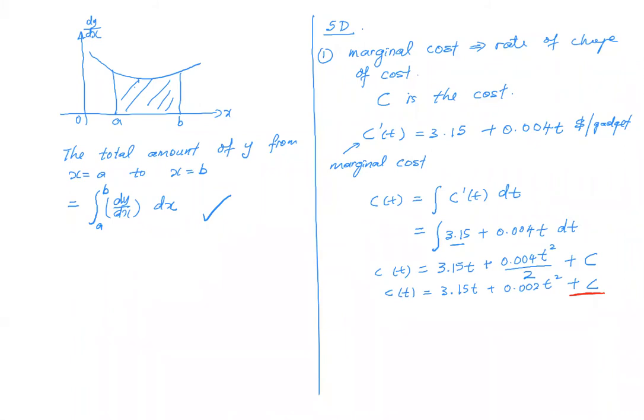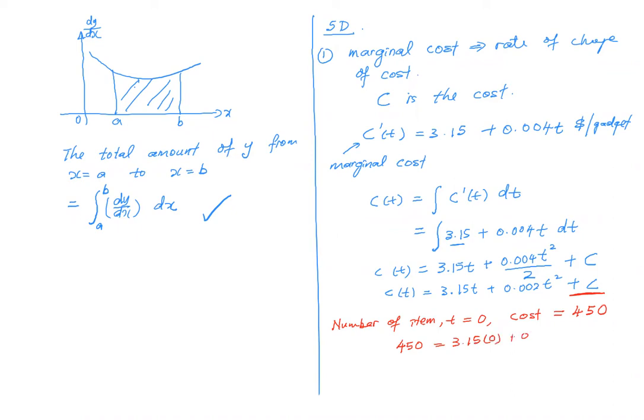Before the production commences means the number of items, that is your T, is 0. So what is the cost? The cost is 450. So now you put the cost as 450 and you put the T as 0.